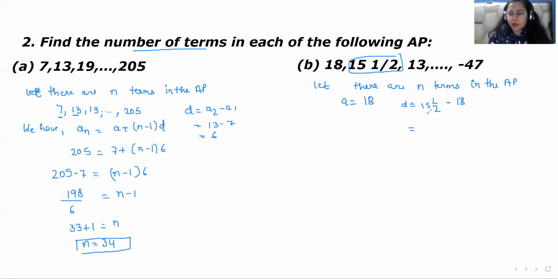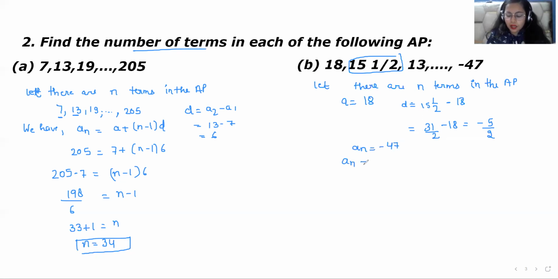After converting the mixed fraction into an improper fraction, we get 31 over 2 minus 18, and after solving it, we get minus 5 over 2. And what is our an? The last term is minus 47.